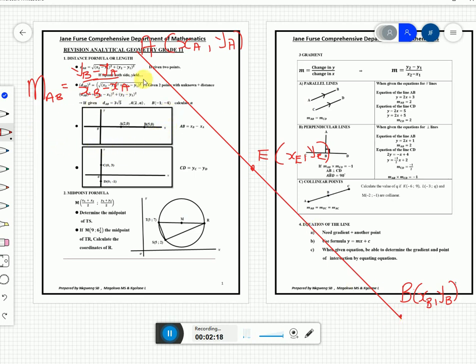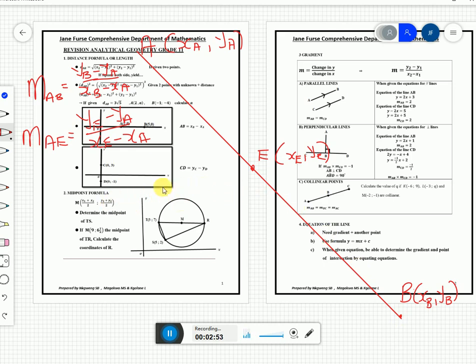Remember, people, you might also find the gradient AE. The formula is Y at E minus Y at A divided by X at E minus X at A. This is the gradient of this line. It's still the same.